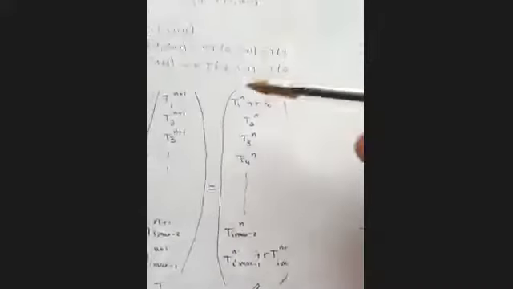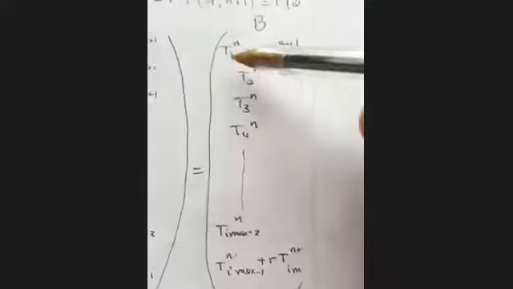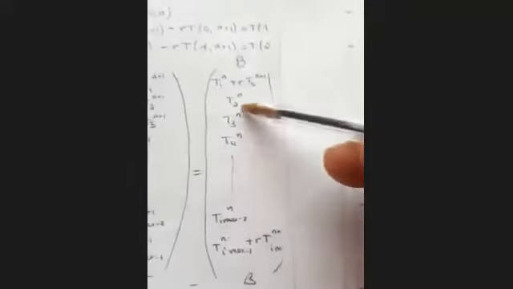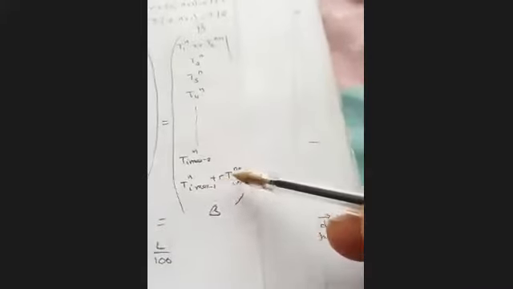This is b: b is t1 to the power n plus r t0 to the power n plus 1, t2n, t3n, up to ti max minus 1, plus r t I max to the power n plus 1. Okay, this is b.